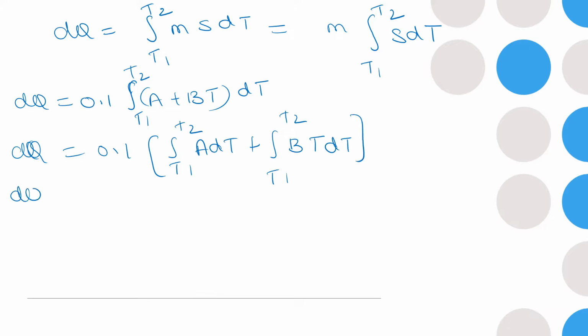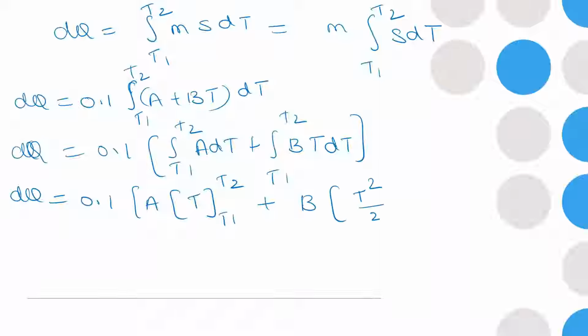So dq is equal to 0.1 [A integral of dt from T1 to T2 plus B integral of T dt], that is T squared by 2, with limits T1 to T2. So that is equal to 0.1.